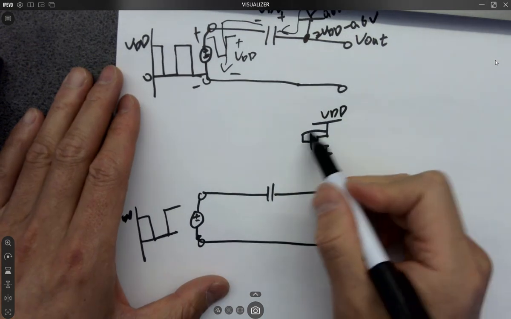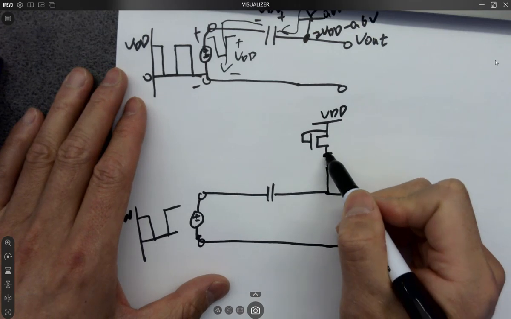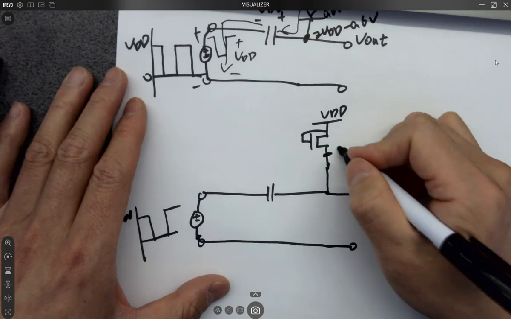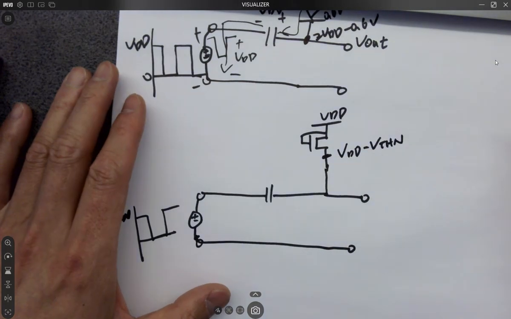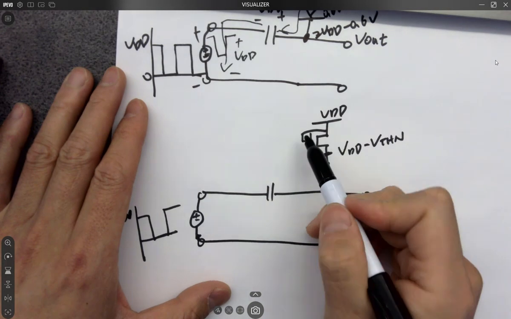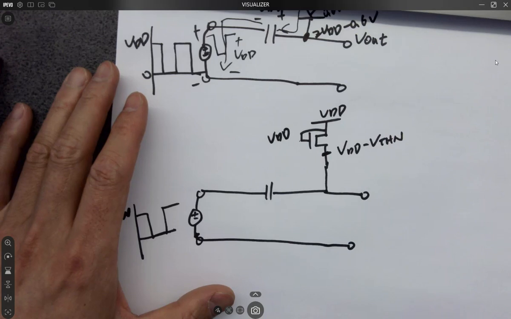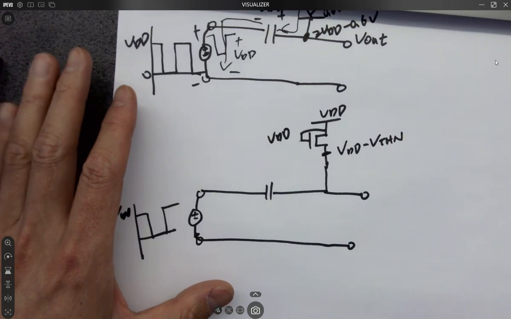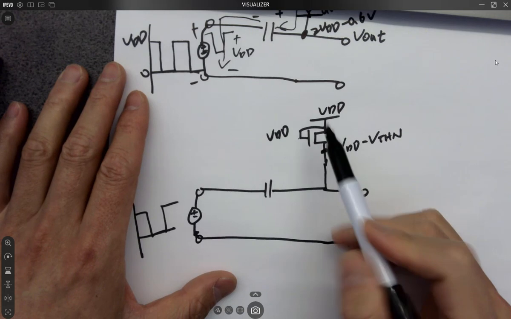It's a gate-drain shorted NMOS transistor. What's the maximum voltage you can see at this point? VDD minus VTHN, and why? What's the voltage at the gate? It's shorted to the drain, and it has to be VDD. Okay? So this voltage cannot go higher whenever this is pulling.